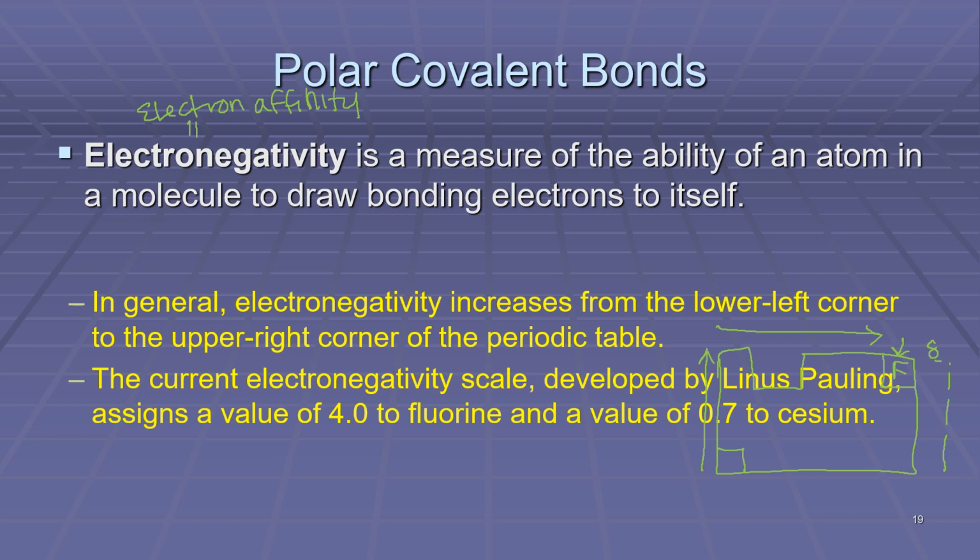There's a scale actually developed by Linus Pauling, a scientist, back in the beginning of the 20th century. He assigned the value of 4.0 to fluorine, which is the highest, and then cesium was assigned 0.7, and all the others were ranked in value relative to each other.